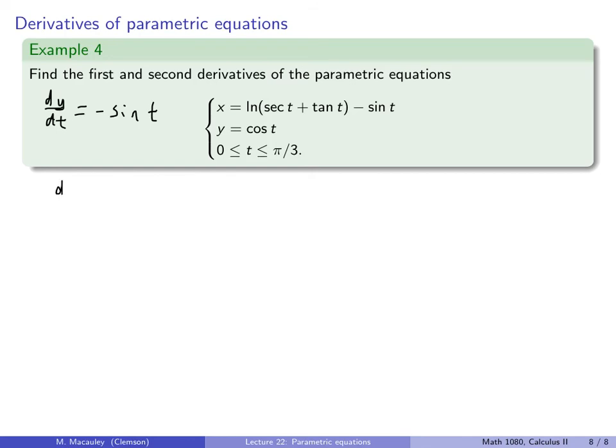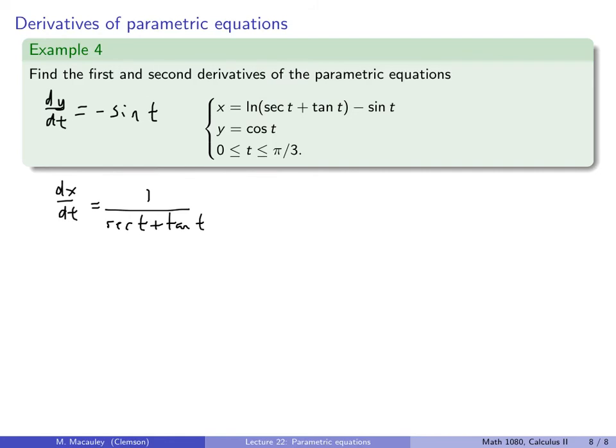Let's do dx/dt next. The derivative of natural log of x is 1 over x, so the derivative of the natural log of this creature is 1 over that creature, by the chain rule. So 1 over secant of t plus tangent of t, times the derivative of that creature.